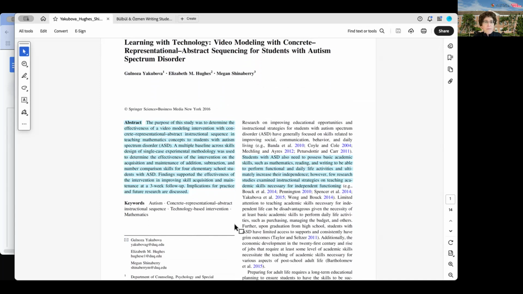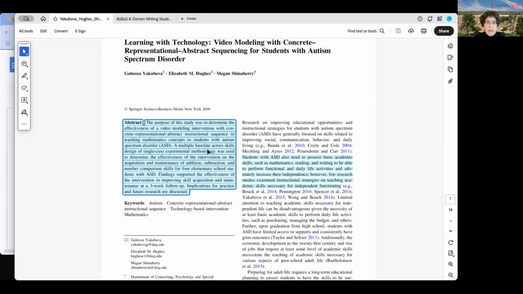I want to read this out loud. The purpose of their study was to determine the effectiveness of a video modeling intervention with concrete representational abstract instructional sequence in teaching math concepts to students with autism spectrum disorder.